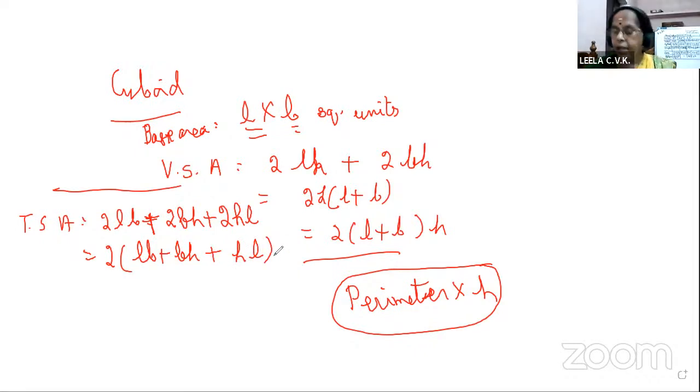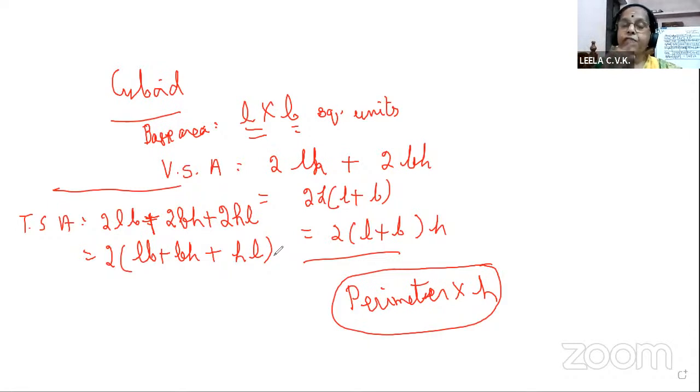So those who are having difficulty in remembering the formula, you can just think like this. That is vertical surface area. It was 2 into, that is perimeter into height, that we have seen. In the case of total surface area, only 3 values are there, length, breadth and height.